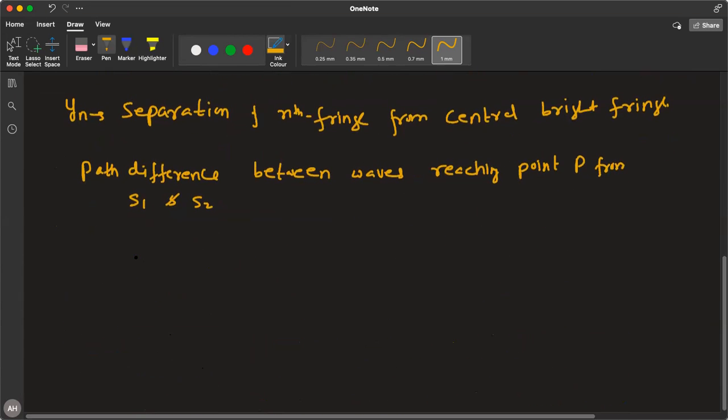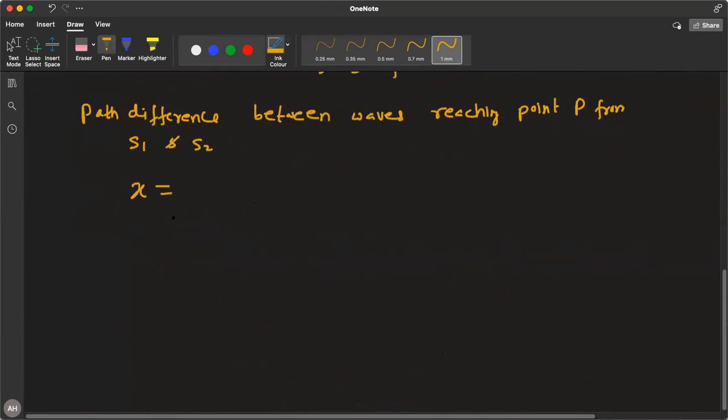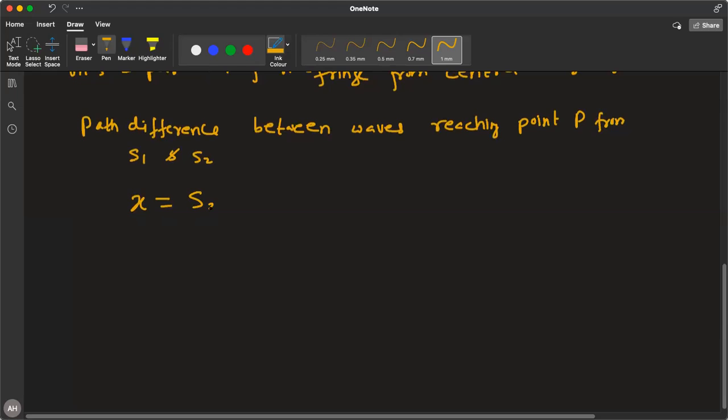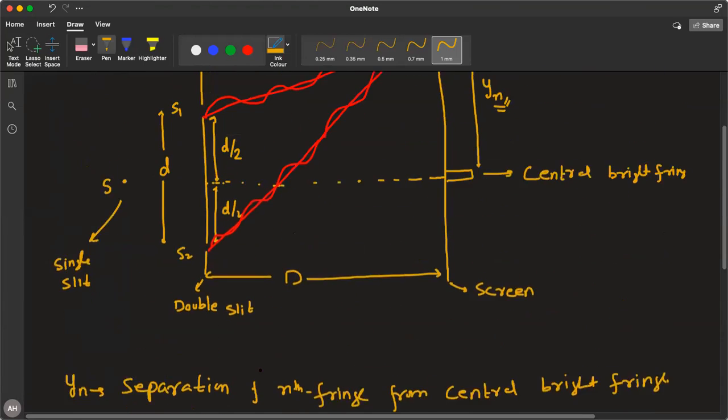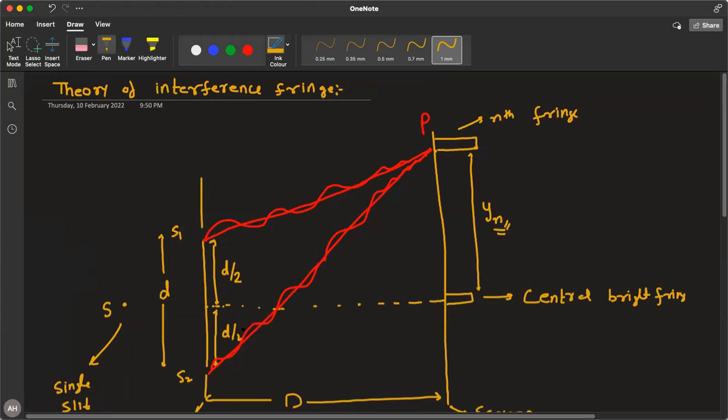We can write that path difference as x, which is S2P minus S1P. That's my first equation. So our first task is to get the values of S2P and S1P in terms of small d, capital D and this yn.